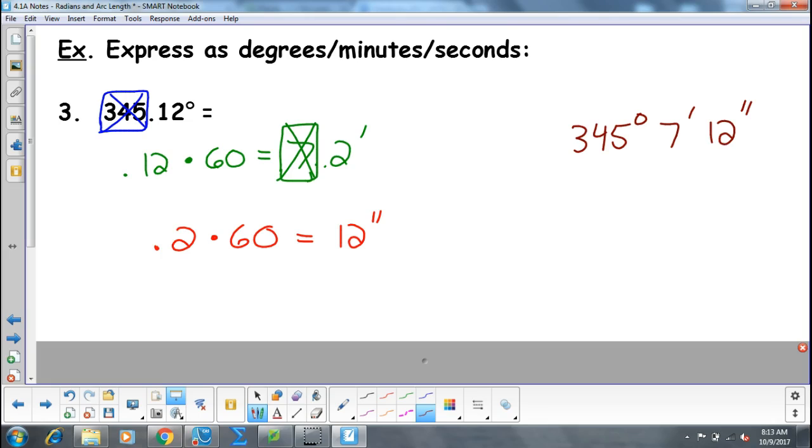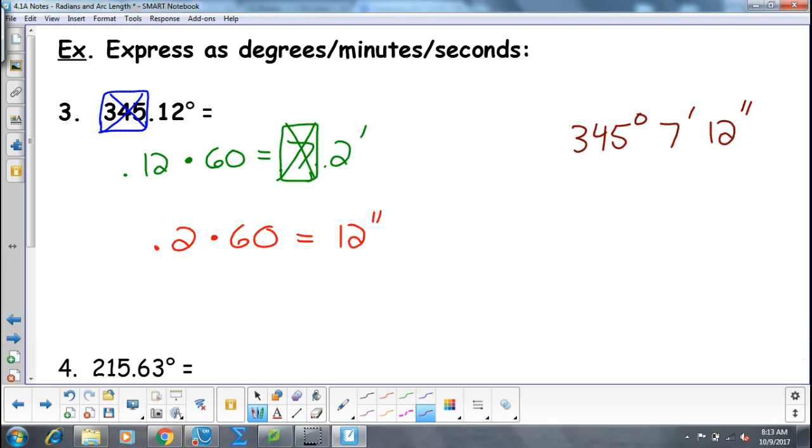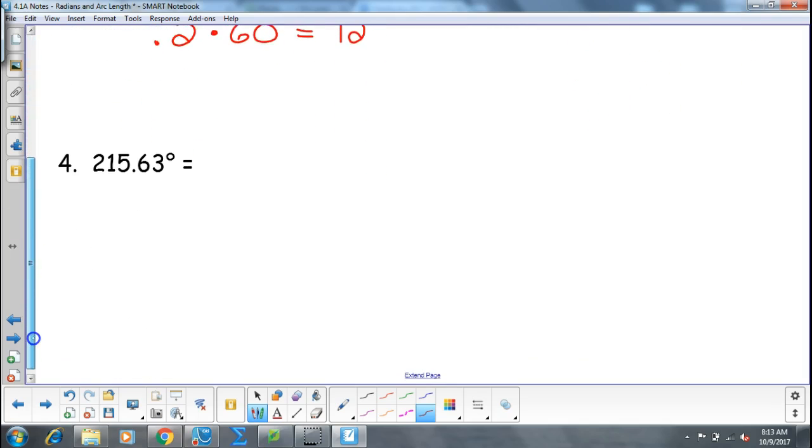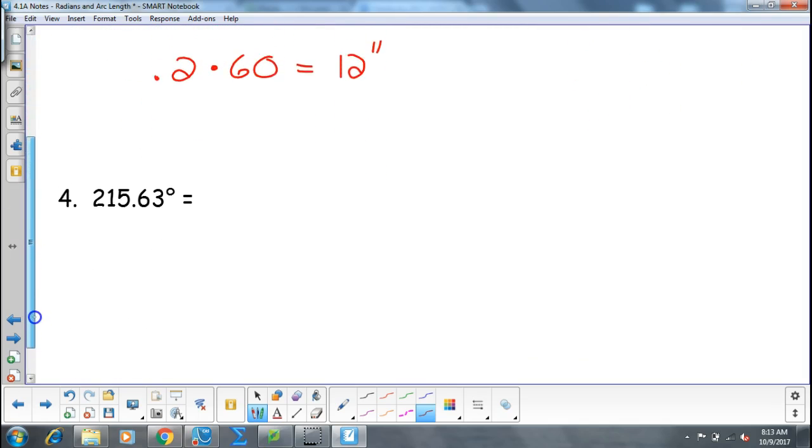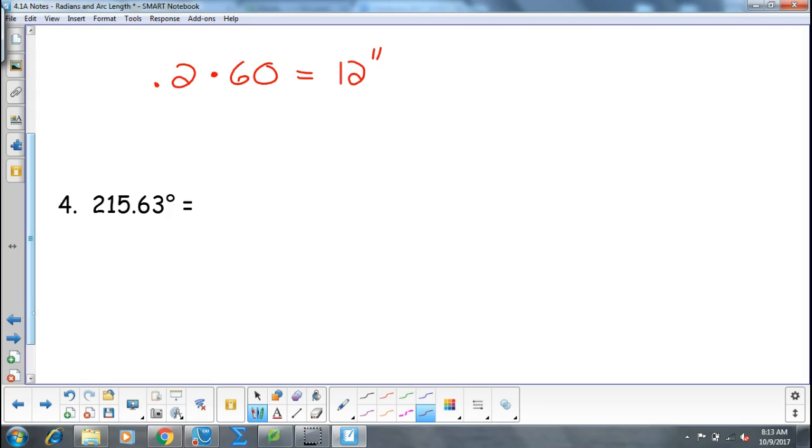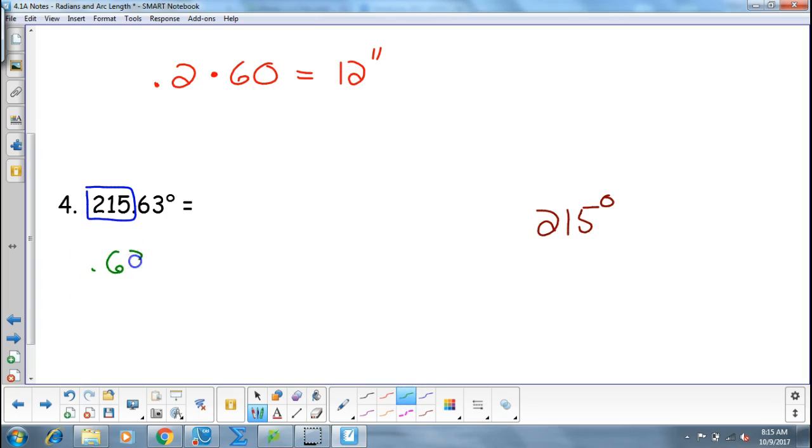Okay. What I'd like you to do now is convert 215.63 degrees into DMS, degrees, minutes, and seconds. All right, so we know that it's going to be 215 degrees. Know that part. So 0.63 times 60 is going to be 37.8 minutes.